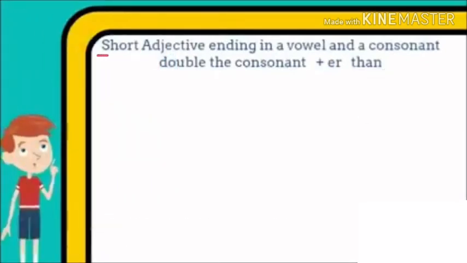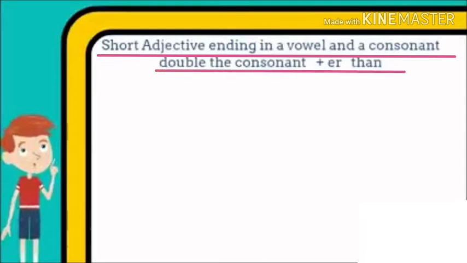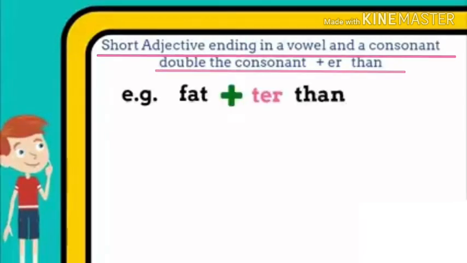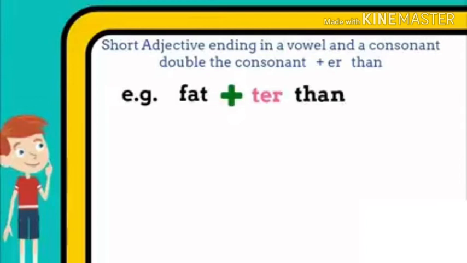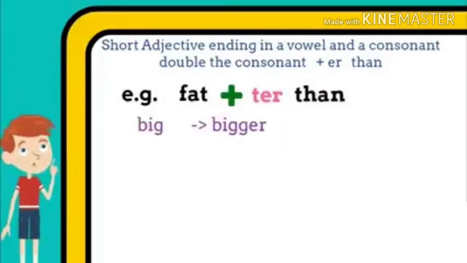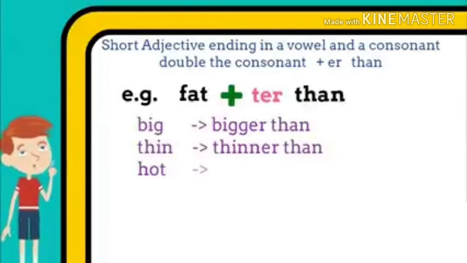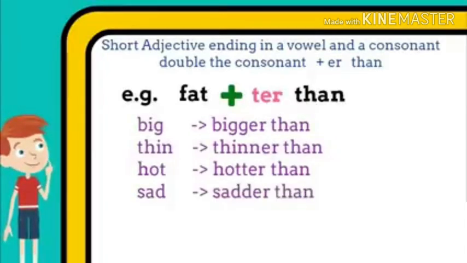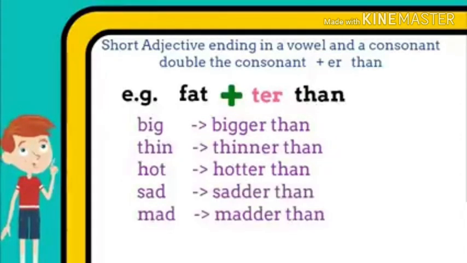To the short adjective ending in a vowel and a consonant, we double the consonant plus er and than. Example, fat, fatter than. We double the consonant, the last letter, it's t, fatter than. And the same like bigger than, thinner than, hotter than, sadder than, madder than.